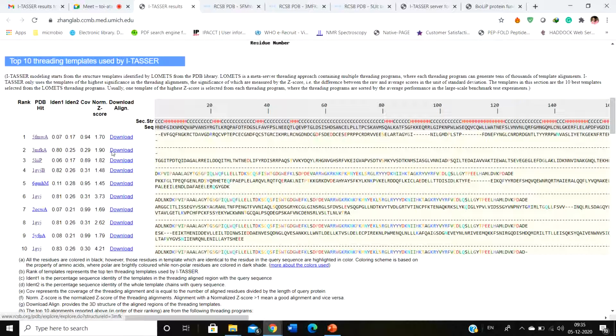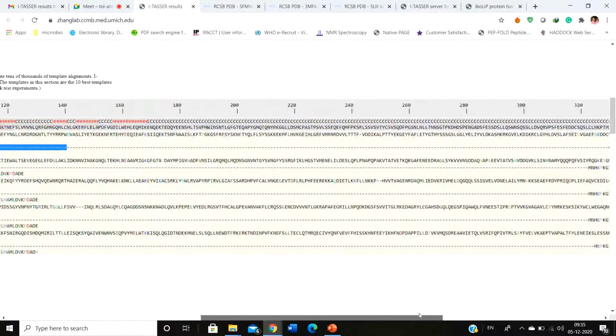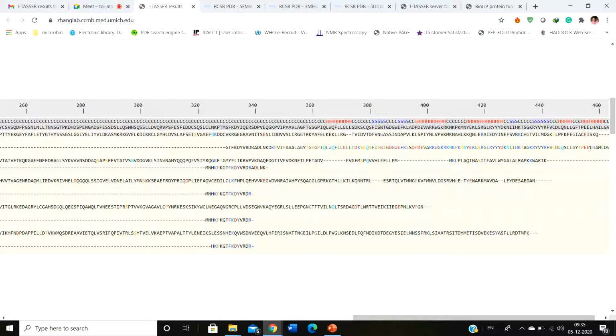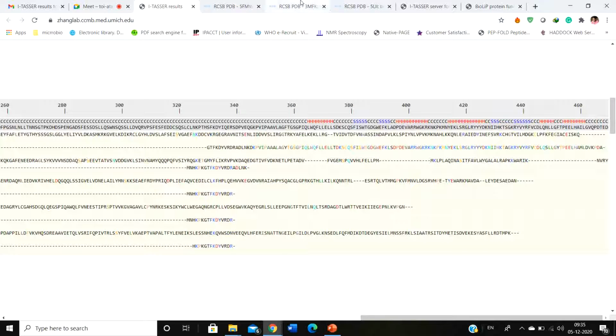In the next one, 3MFFK, it has no similarity at all. See, this is totally blank, but it has similarity in this particular domain. In this particular domain, everything is colored. That means this domain has a similar fold to your query sequence, and that's why it took this sequence into consideration.